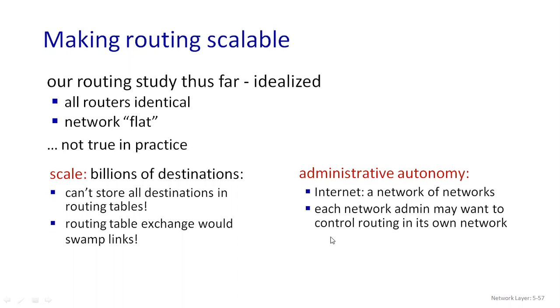Also, if any network admin wants control over the routing, they can have control only over their own network. Suppose I have one Airtel network; if I want control over that, then only the Airtel admin can have control over Airtel. It doesn't mean that only one admin will have control over the whole network.